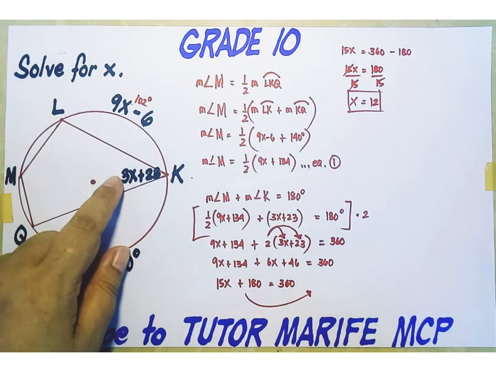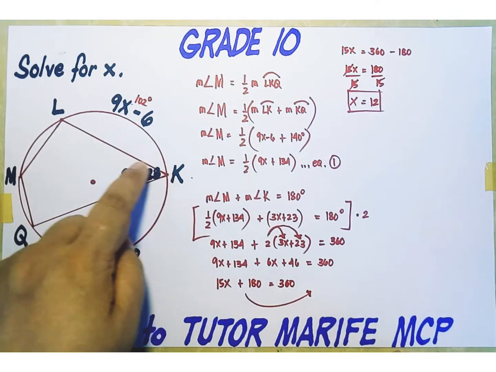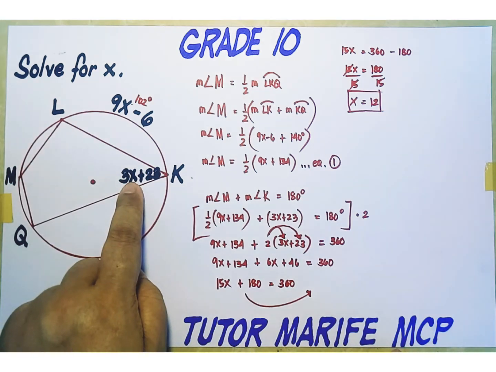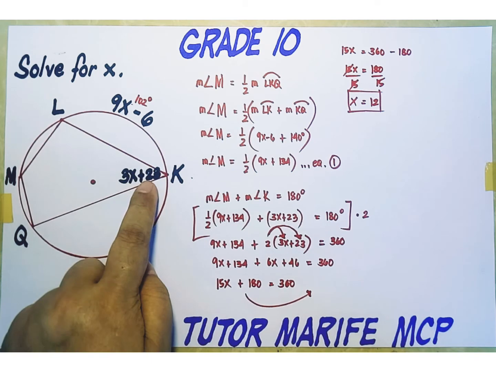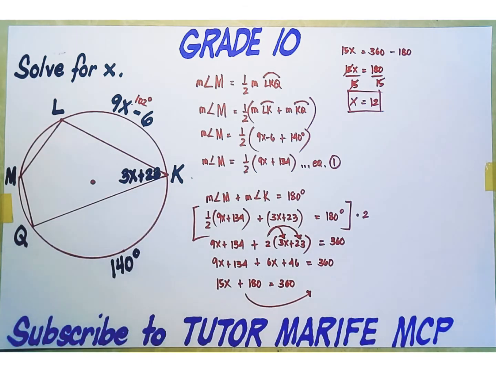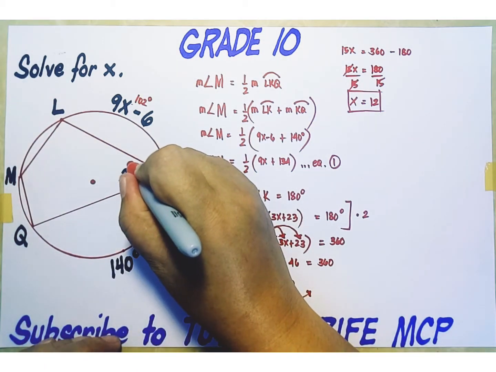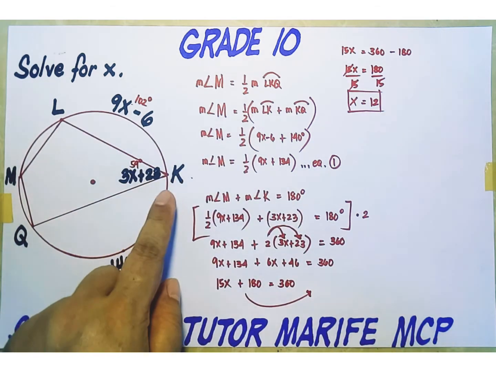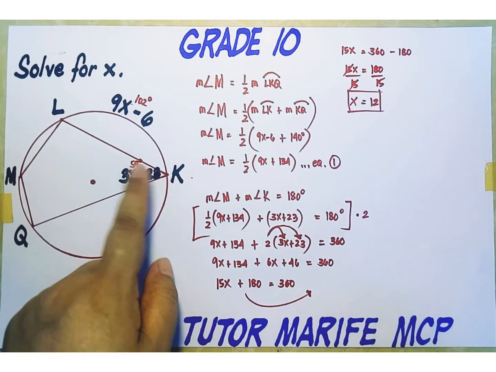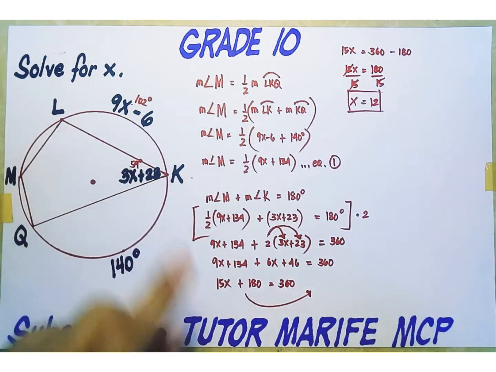We can now solve for the actual measure of angle K. Replace x with 12. 3 times 12, 36. 36 plus 23, 59. So the actual value of angle K is 59 degrees.